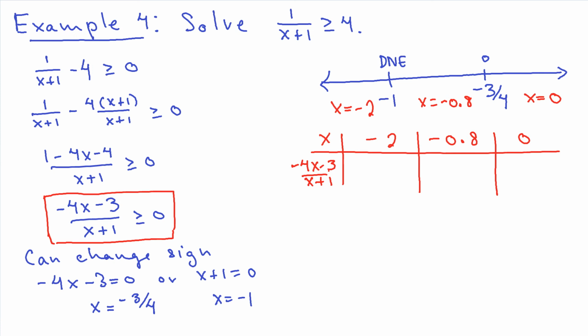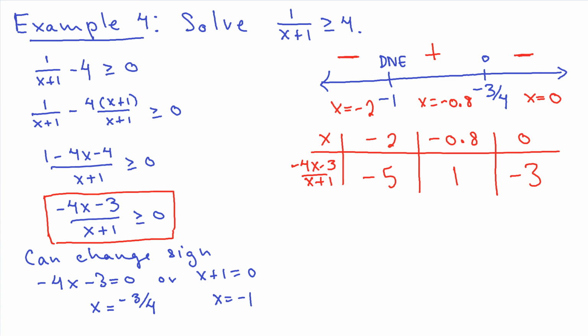When I plug in -2, I end up with -5. When I plug in -0.8, I end up with 1, and when I plug in 0, I end up with -3. And so my expression is negative to the left of -1, positive between -1 and -3/4, and negative again to the right of -3/4.